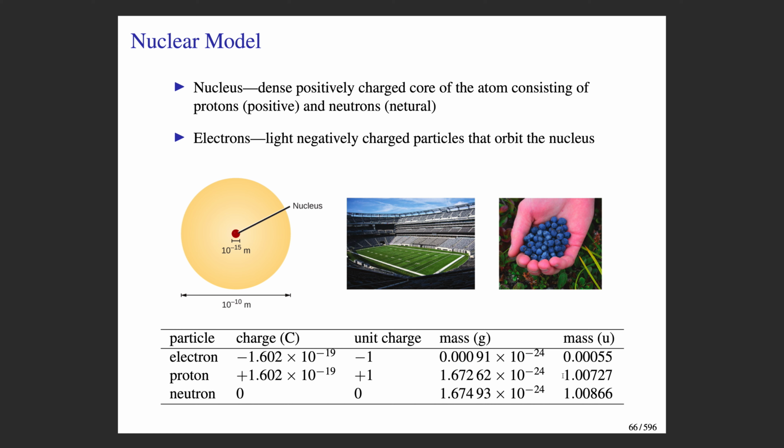If you like, you can think of using a different unit system. So this would be the unified atomic mass, where the mass of a proton is about 1, the mass of a neutron is about 1, it's a little bit heavier than the proton, and then the mass of the electron is quite a bit smaller than the proton mass.